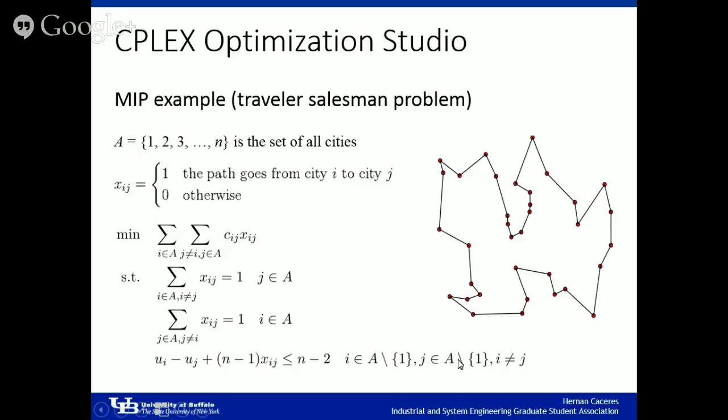This backslash means not include, right? So it's the set A without including the 1, okay? And there are particular ways of writing that up in CPLEX.